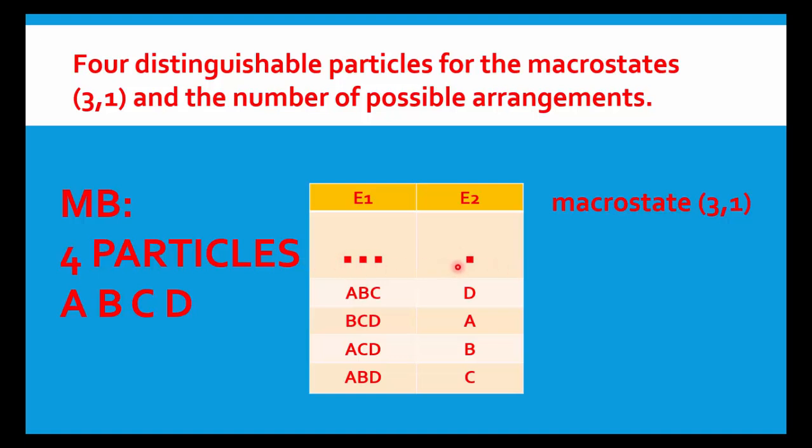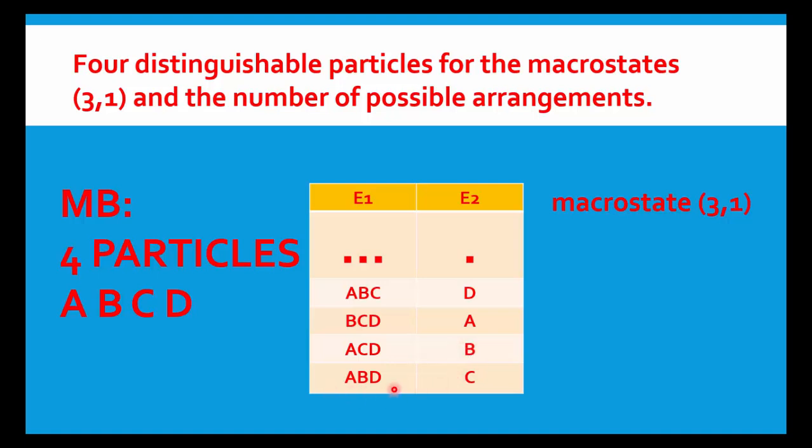So what will change? The names of the particles themselves. There are 4 different particles and you can make different arrangements, but keeping in mind that 3 particles should be in the first energy level and 1 particle in the second. So your first case will be ABC in E1, and in the second energy level E2 you place D. Then B, C, D, and you place A in the E2 cell. Then A, C, D, and you place B in the second energy level.